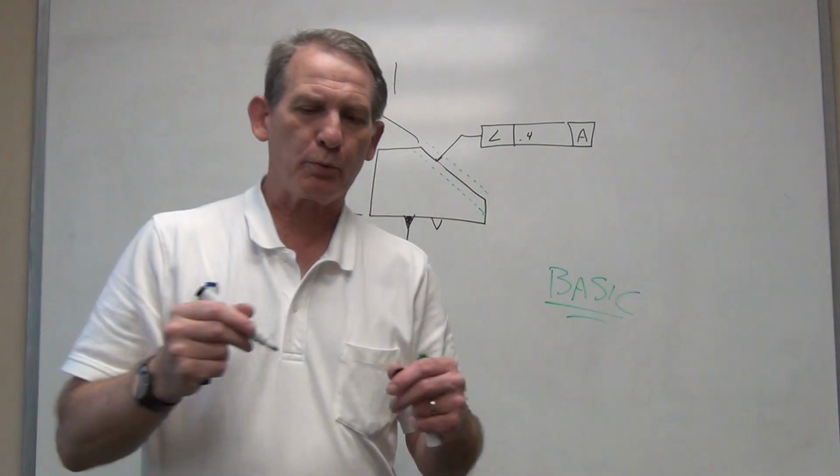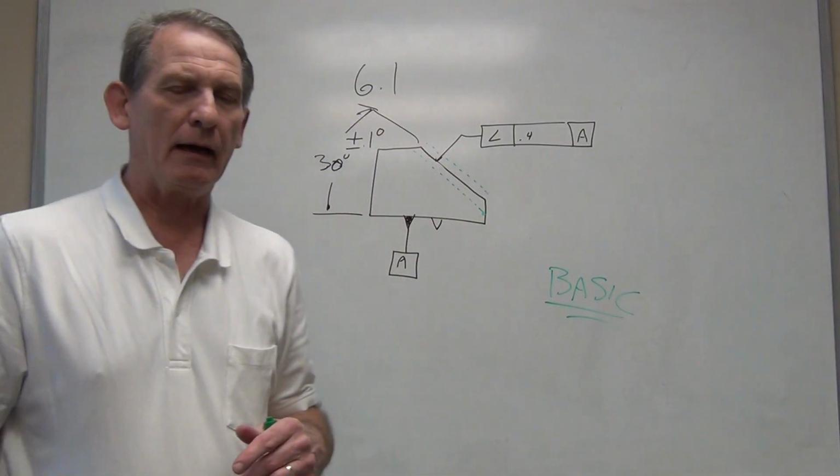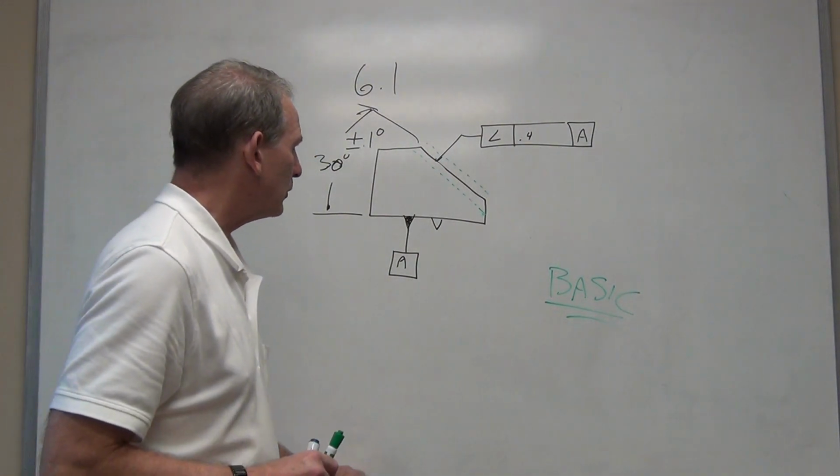Okay, so in the old pre-GD&T days, that would have been tolerance right by the dimension, and the tolerance would have been 30 degrees plus or minus 1 degree.